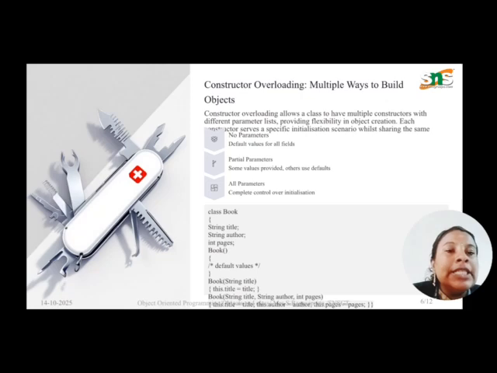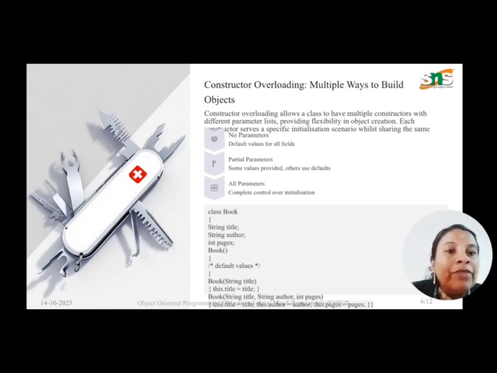Consider this example: class Book. Under that we have mentioned the attributes using data types such as String, int, etc. Your constructor is called with the class name itself. Here we are calling the constructor Book, which is a default constructor.